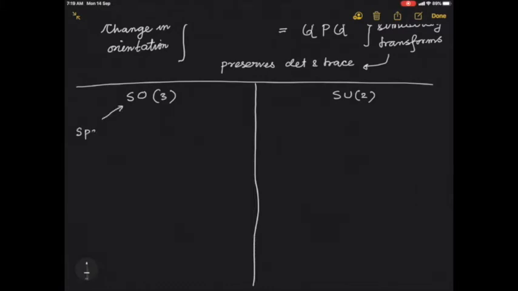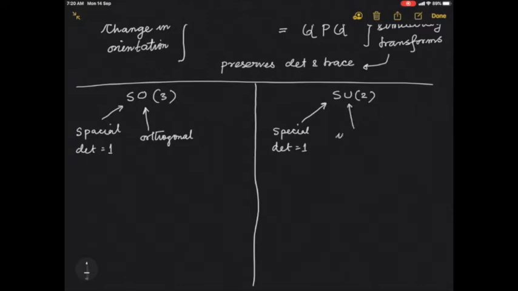Now remember that this S stands for special, where we chose that determinant equals 1. This S also stands for special, where again we chose determinant equals 1. O stands for orthogonal, so these matrices were orthogonal, so its transpose is the same as the inverse.